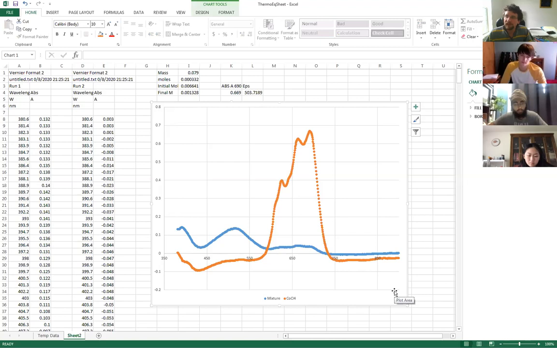What other things do we need to keep track of? Or what should this x-axis be labeled with? A wavelength. So remember, epsilon also depends on the wavelength that you select.